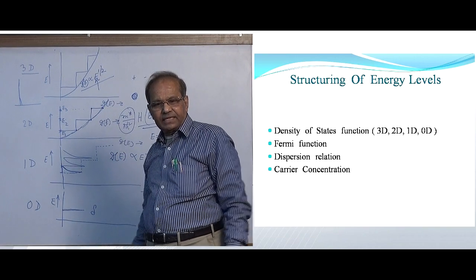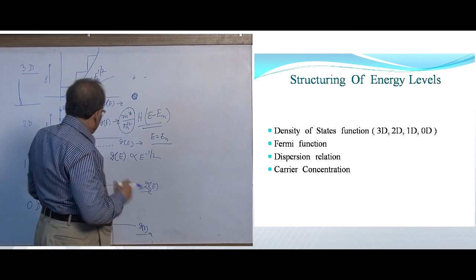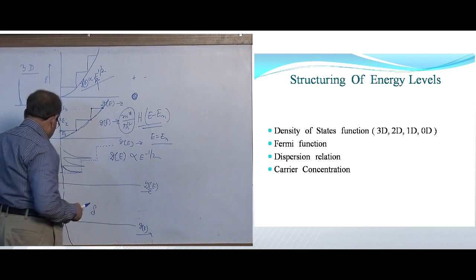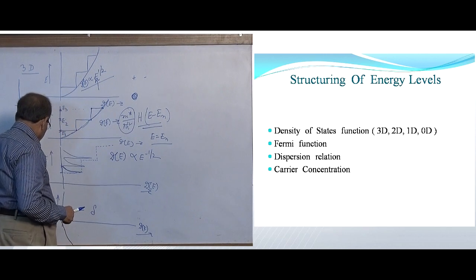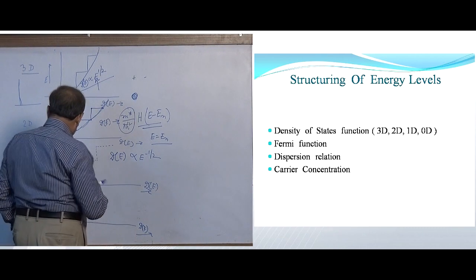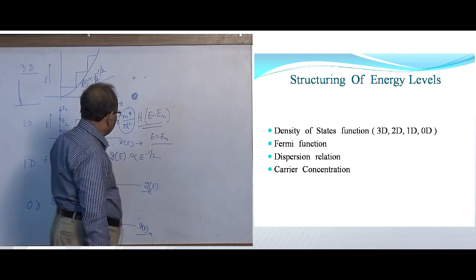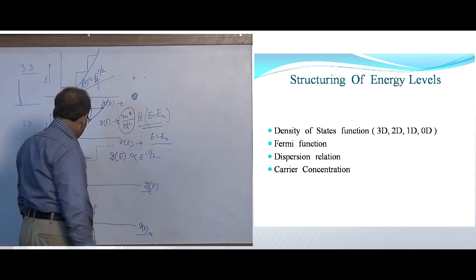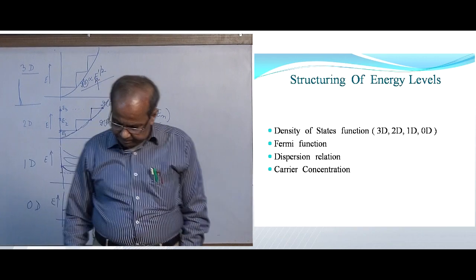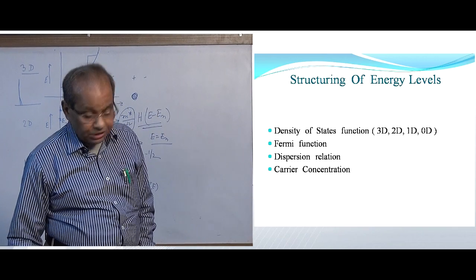These are artificial atoms, not natural atoms. So very, very interesting use of these 0 dimension, 1 dimension or 2 dimension materials in nanoscience and nanotechnology, that these materials are used in different applications. So that is about the density of states.